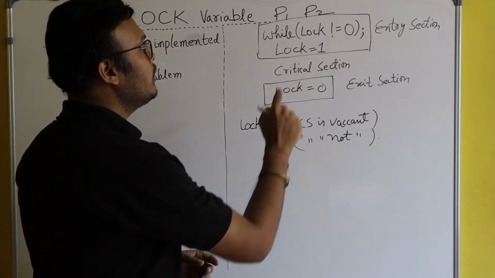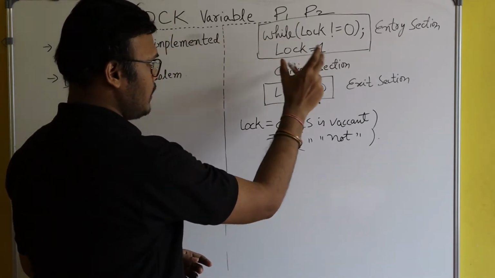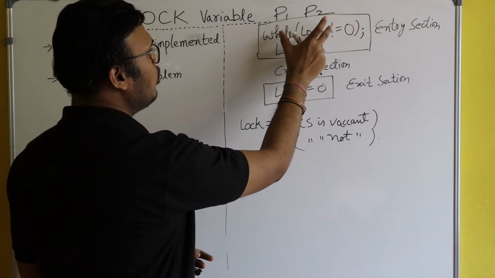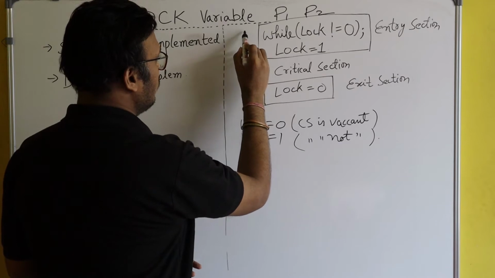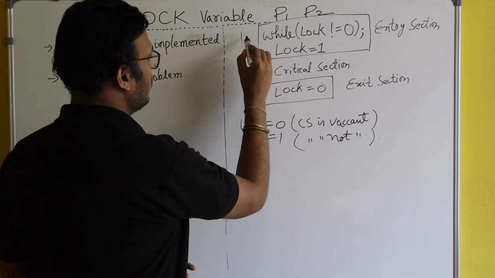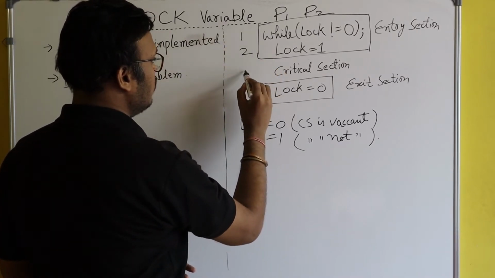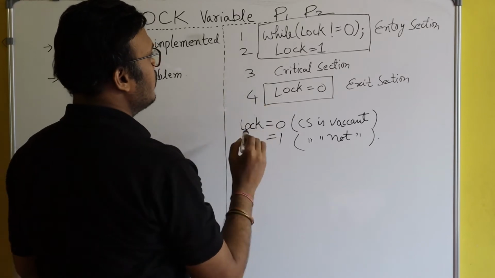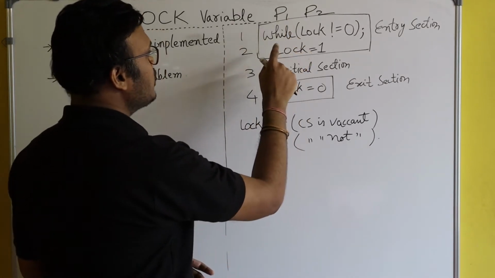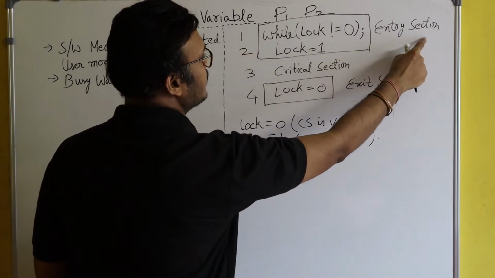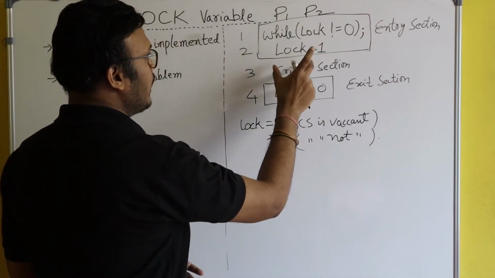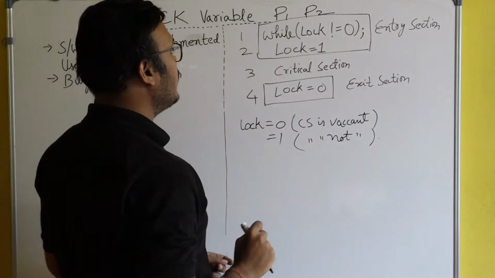So process P1 has to go through these entry section codes, line numbers 1, 2, 3, 4. Process P1 must go through line numbers 1 and 2, which are dedicated to the entry section, and after that it will enter the critical section.